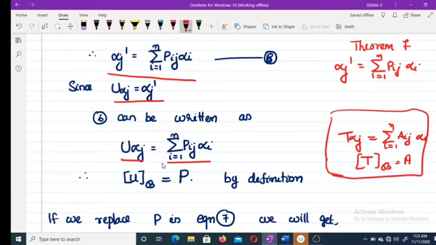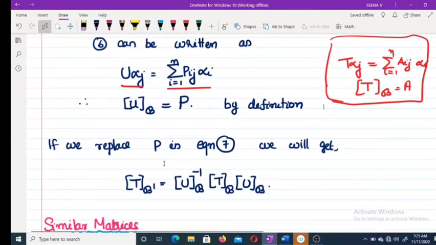So here matrix of U related to B equal to P. So replacing P in equation 7, we get matrix of T related to B dash is equal to matrix of U related to B inverse into matrix of T related to B into matrix of U related to B.